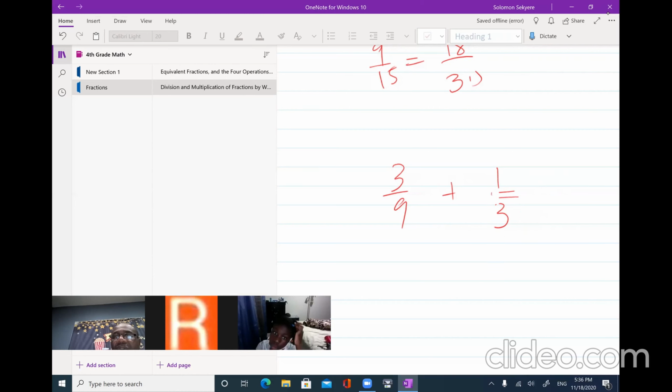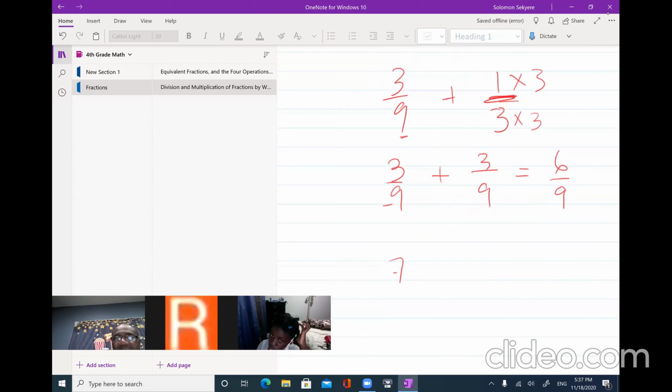So how would you change this to make it the same as this? You would times it by 3. So you have to do the same thing for the top too, okay? So it becomes what? Also 3/9, right? So now you can add. Now that these are the same, you can add. It will become 6 over 9, right?